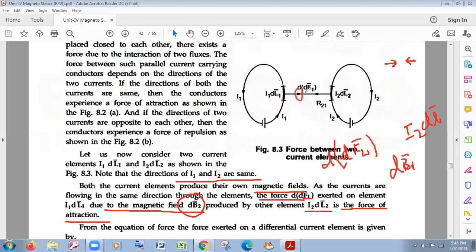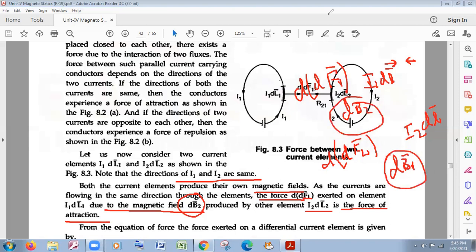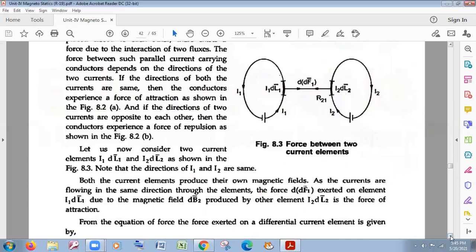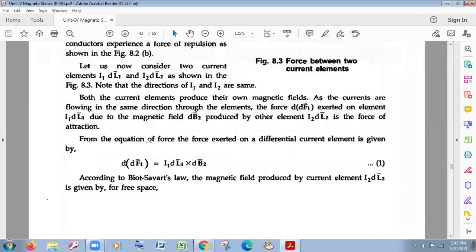Understood, my dear students? The force dF1 bar on the current element I1 dL1 bar is due to the magnetic field dB2, and here dB1 for the other. Then, from the equation of force, the force exerted on the differential current element is given by the differential dF equal to I dL bar cross B bar.